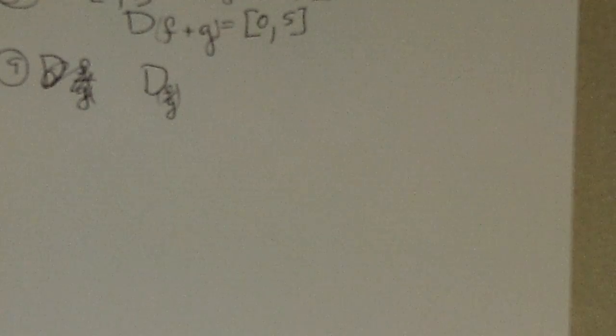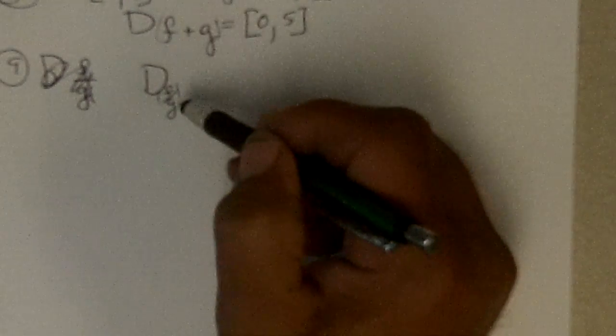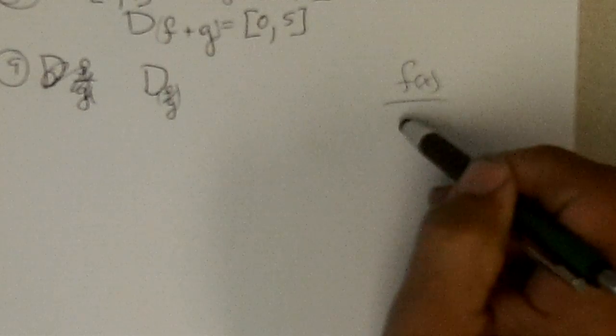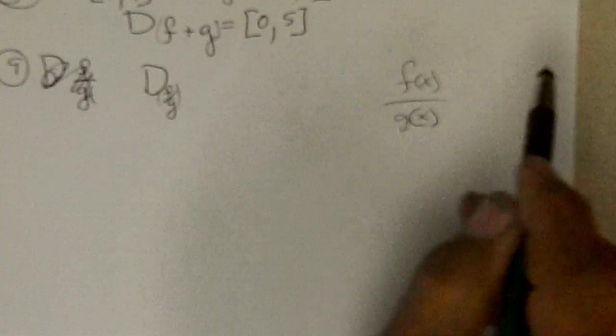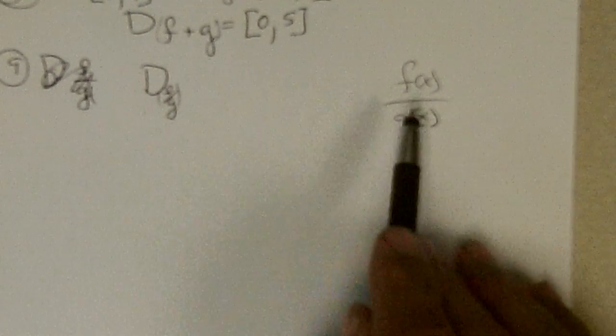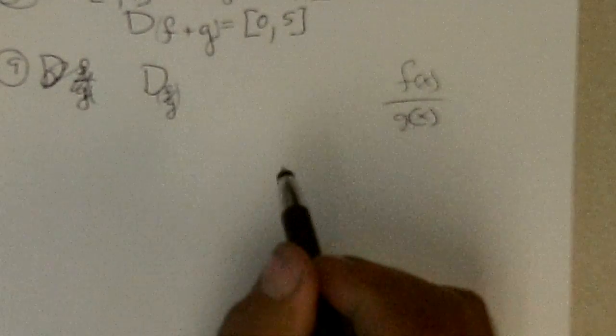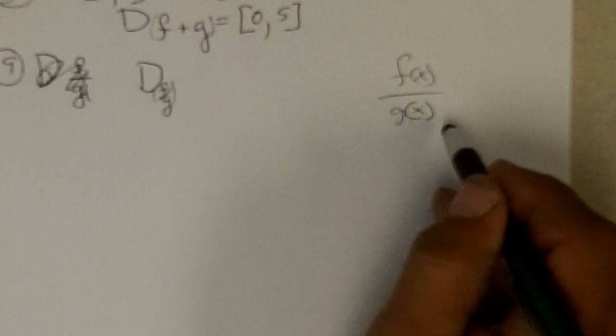Domain of f over g consists of all numbers x for which g of x is not 0. If the function is f of x over g of x, then the domain would be everything that works for g except what causes g to be 0.